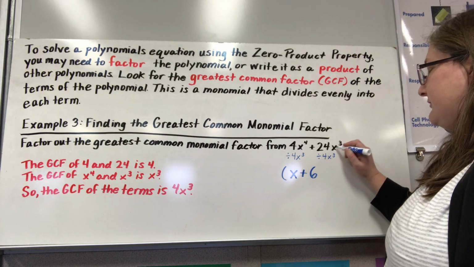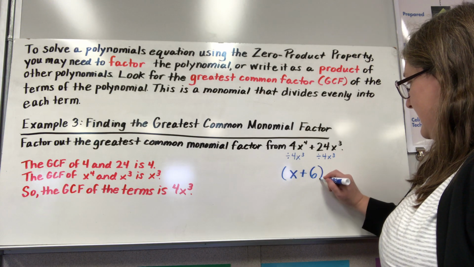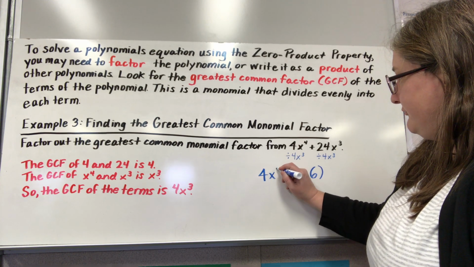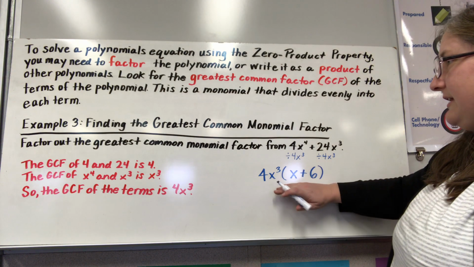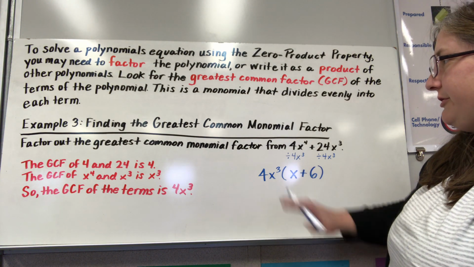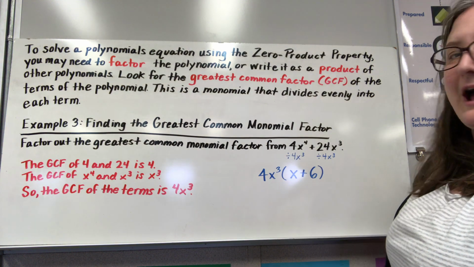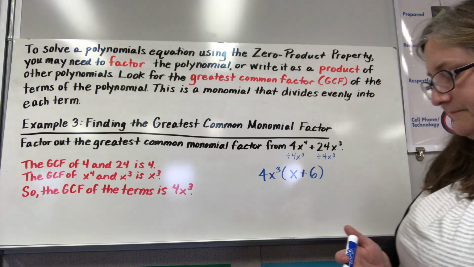And x to the 3rd divided by x to the 3rd is 1, which I'm not going to write down, so I get x plus 6. And all of this, to get back to the original form, would have to be multiplied by 4x to the 3rd. So 4x to the 3rd is the greatest common monomial factor, and I'm factoring that out. So I'm turning it back into factored form.